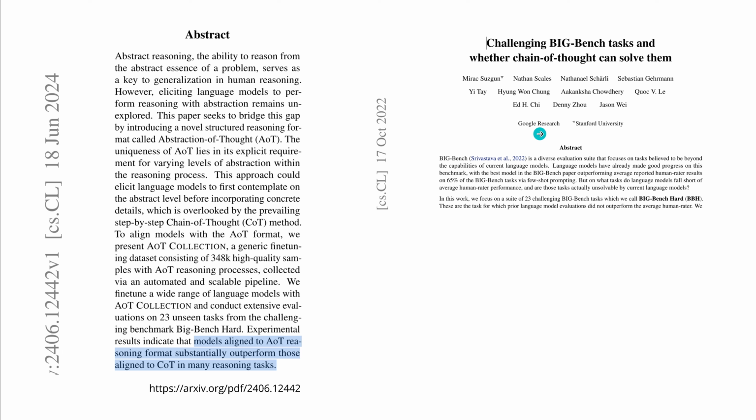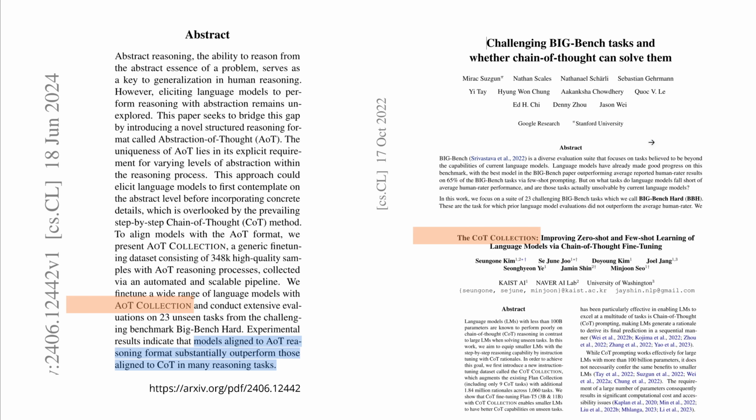Now we go to Google Research and Stanford University, who at the end of 2022 published this big benchmark, BBH, and here you have the complete publication. You can see each and every task, but this is an established benchmark. And then they said, let's fine-tune some open source LLM on a specific dataset.